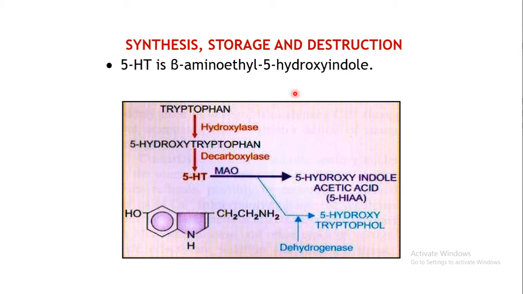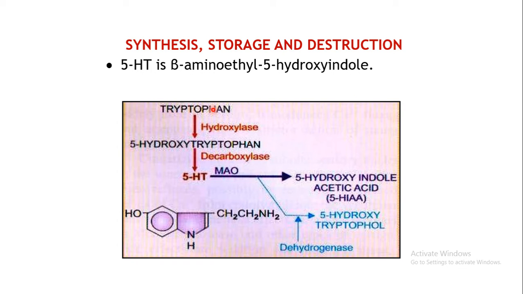Now the synthesis and the destruction part is discussed in this particular picture. Coming to the synthesis part, it is synthesized from tryptophan, and you are all aware that tryptophan is an amino acid which is normally found in the body. It will have a carboxy terminal and it has an amine terminal also.